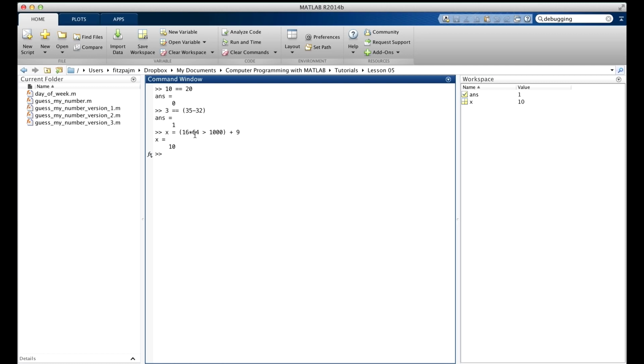So the relational expression in parentheses evaluates to 1, which is true, of course. We then add 9 to 1 and get 10. So the value of 16 times 64 greater than 1000 is a 1, a normal 1, the kind of 1 that you can do arithmetic with, not some special 1 that has some special sort of truthiness attribute attached to it.